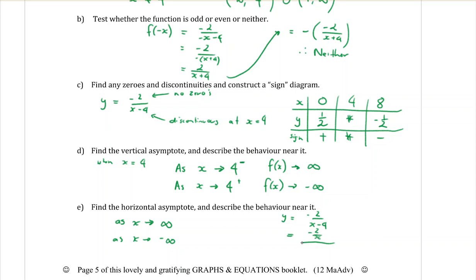If I divide the top, it looks messy to do this, but I'm going to divide the top by x, so it's going to be minus 2 over x, and I'm going to divide each term on my denominator by x as well. So x divided by x gives 1, and minus 4 divided by x is just minus 4 over x.